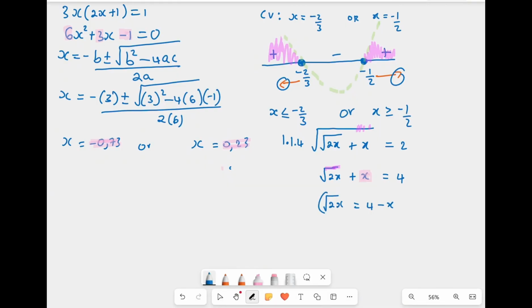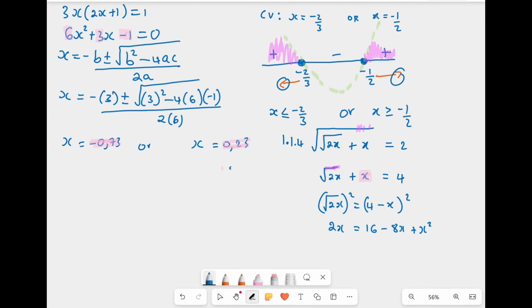Square on both sides. So even here we square. Now if we square here, squared will remove the square root. So we will remain with 2x is equal to 4 minus x all squared. It will be 16 minus 8x plus x squared.